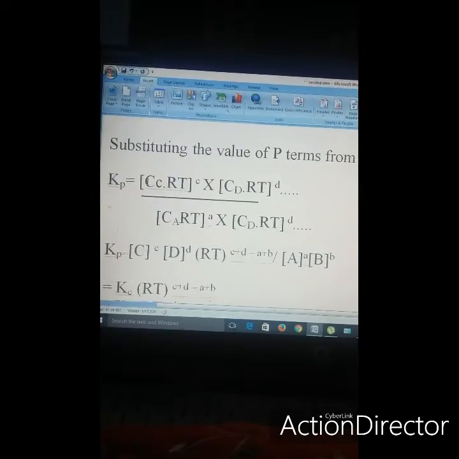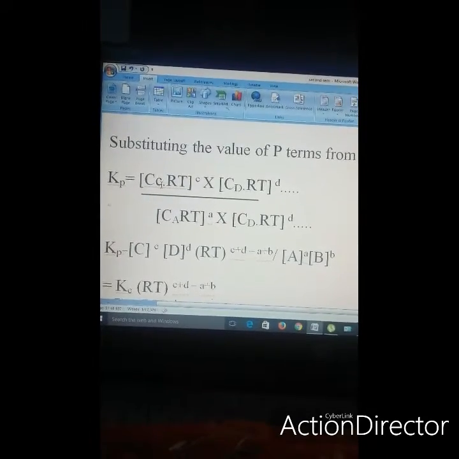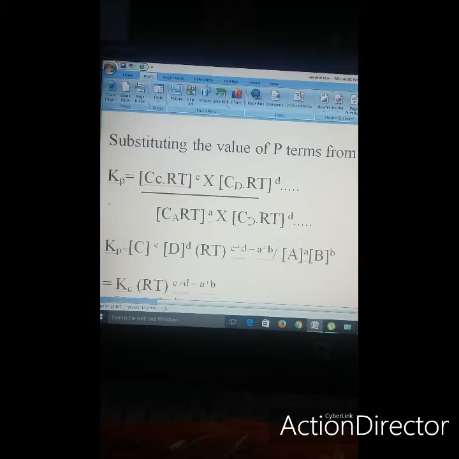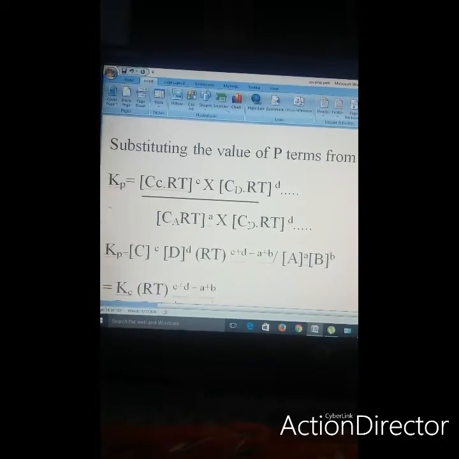So Kp will be equal to (CRT of C)(CRT of D) over (CRT of A)(CRT of B). It should be B, sorry.